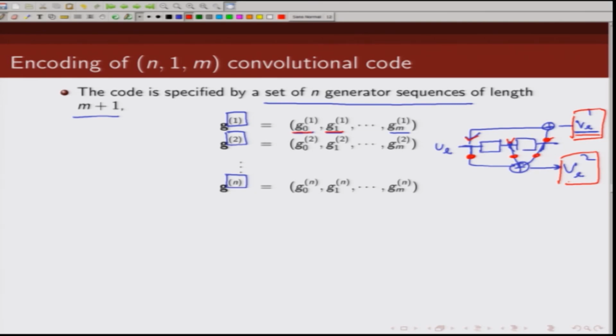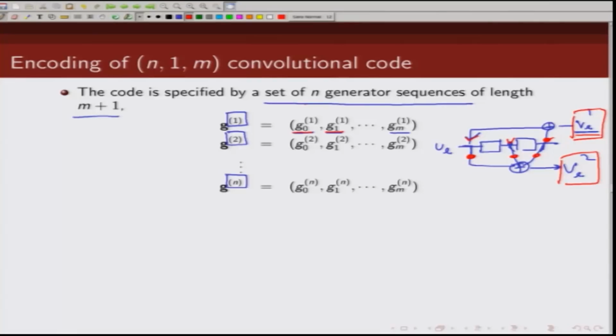So, if you have a rate 1 by n code whose memory is m, then we can completely specify that code using a set of n generator sequences, where each generator sequence corresponds to one of the output sequences and is of length m plus 1, specifying the interconnections of ul, ul minus 1, ul minus 2 up to ul minus m.